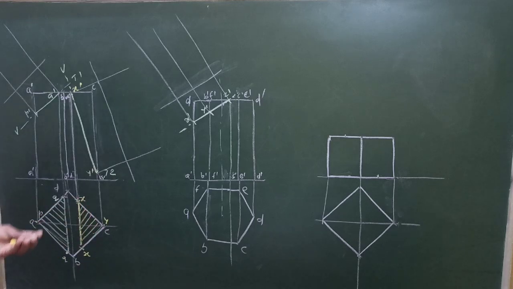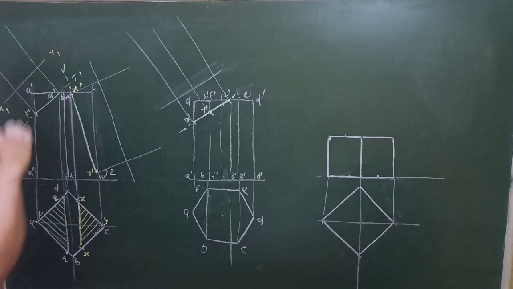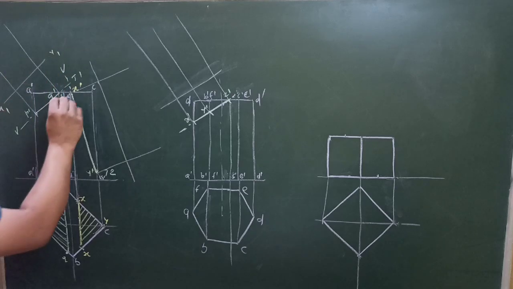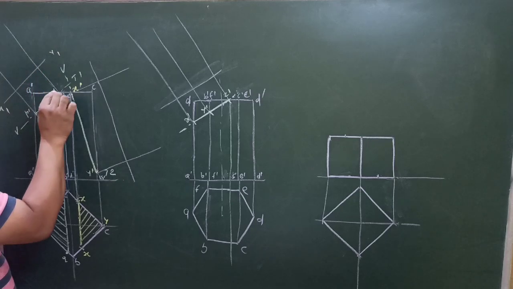Now we have to draw the true shape of these two sectioned top views or sectioned planes. So what you need to do, consider another auxiliary plane parallel to the cutting plane here. This may be denoted as say x1 y1, right? Draw two perpendiculars from these points, the cutting points.